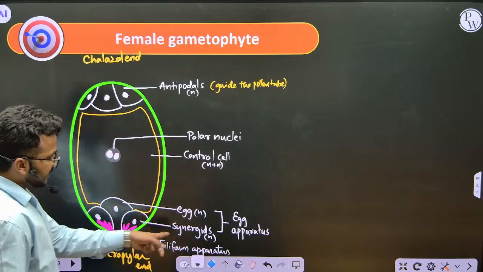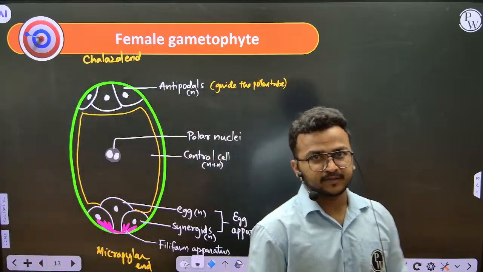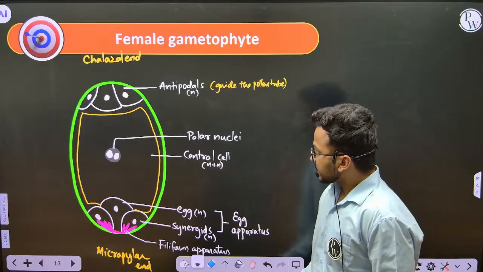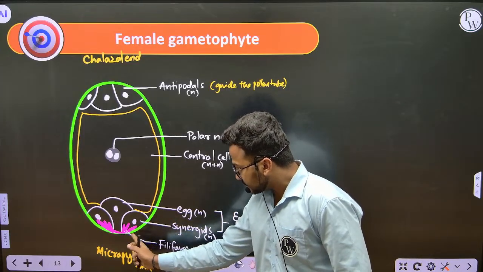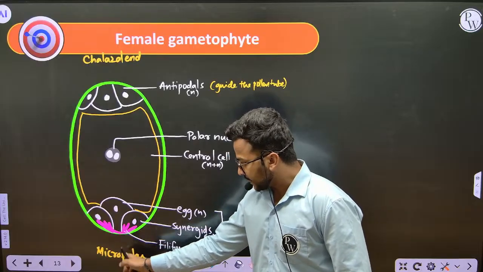Upon the synergids, only the filiform apparatus is seen there. Next, this filiform apparatus will be helping at the micropylar end.